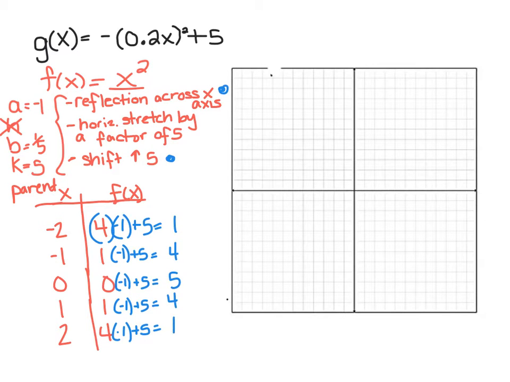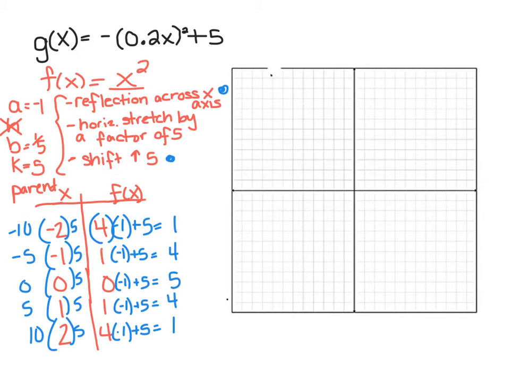4, and 1. Now, to the x value, I have a horizontal stretch by a factor of 5. That means I'm multiplying each of my x's by 5. And that's going to produce -10, -5, 0, 5, and 10. So just to make it clear, this is my new x coordinate, and here's my new y coordinate.